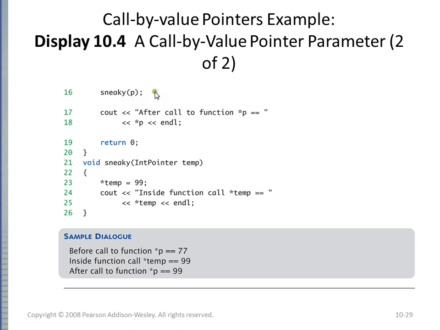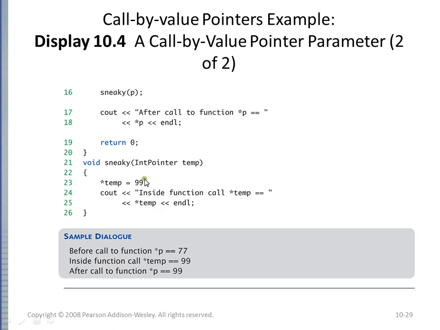So what we are passing to the function over here, we're passing the key. So now the function, using this key, can access the locker, it can dereference the content, and it changed the content from 77 to 99. Now when it prints out inside the function, obviously it will print out 99.